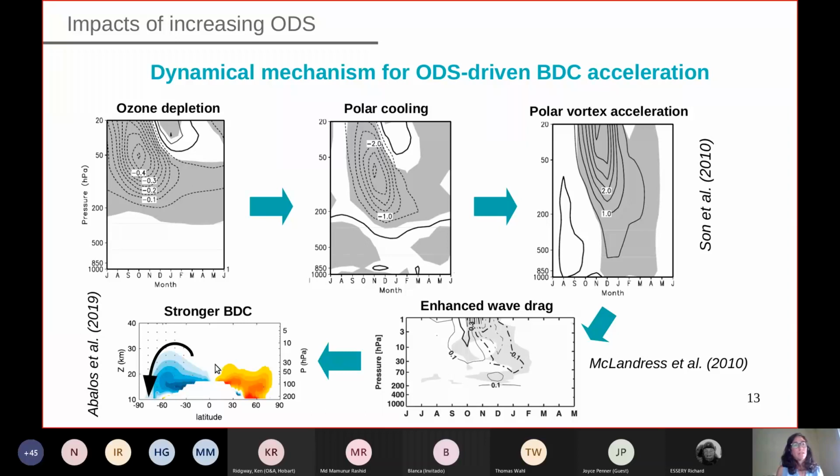And here are the trends in the streamfunction of this circulation. So you can see that even if the ozone hole in particular is localized in time and space, the effect actually reaches the tropical upwelling, and it actually survives the annual mean. So this is the mechanism through which increasing ODSs accelerate the Brewer-Dobson circulation.